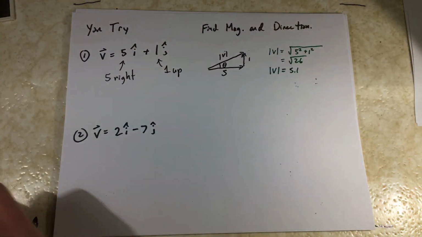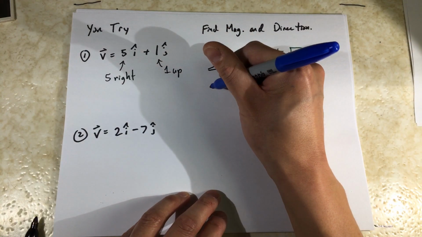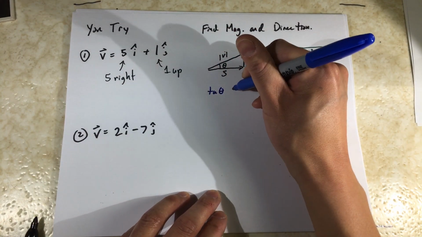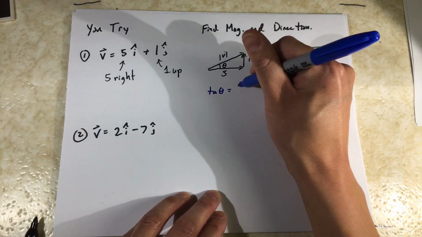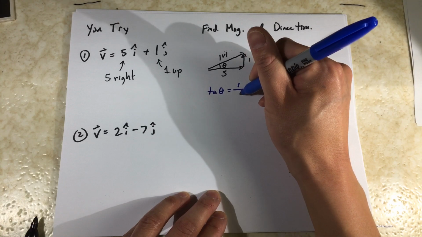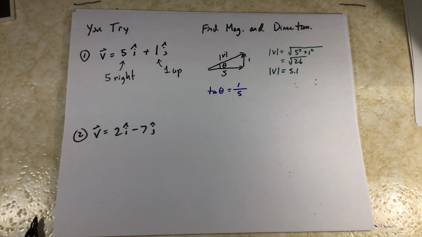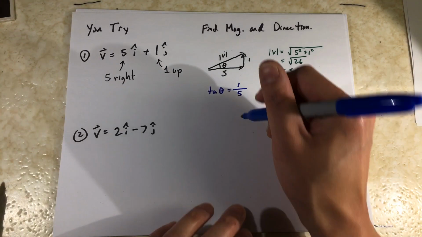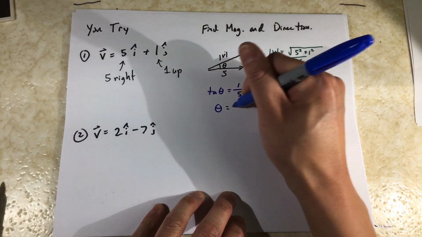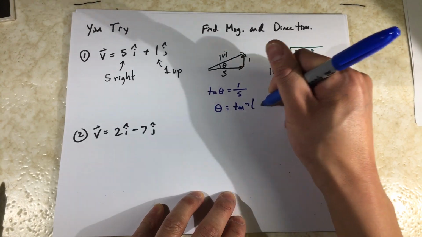And then I'm going to use tan theta is opposite over adjacent, which is 1 over 5. So then I take the tan inverse of both sides, and I get theta equals tan inverse.